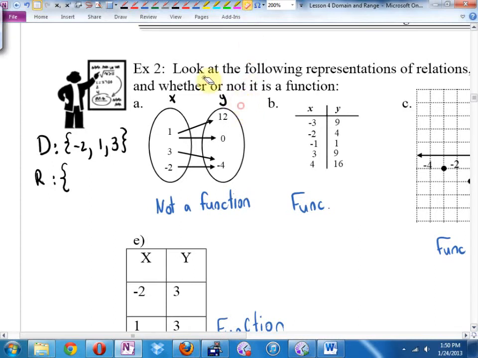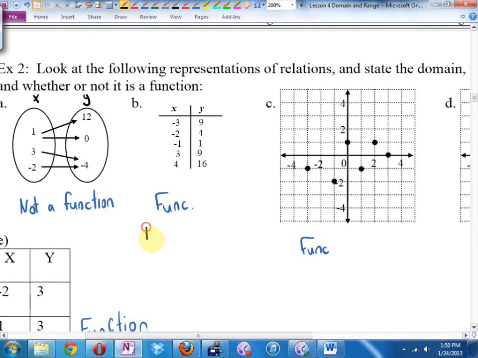The range of this particular relation is -4, 0, and 12. This function has x values, inputs, domain of -2, comma 1, comma 3. And it has a range, the possible output values are -4, 0, and 12.